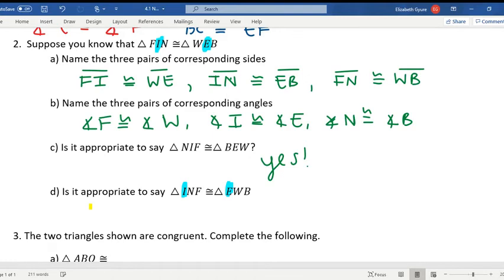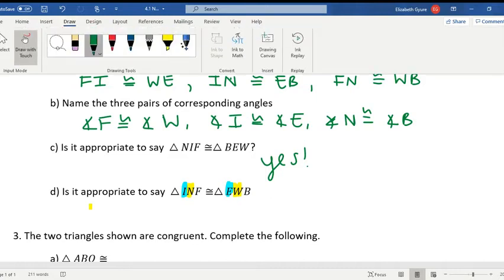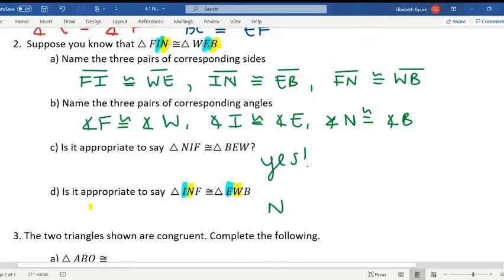And then it lines up N with W. And in your original statement N goes with B. So there's an issue there. This second one would have to be EBW, not EWB. So this one is not an appropriate name. So we're going to say no, because our corresponding parts aren't written in the proper order.